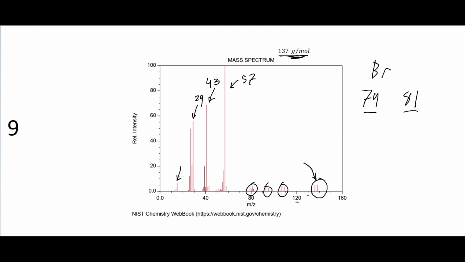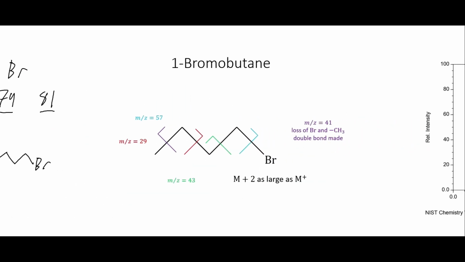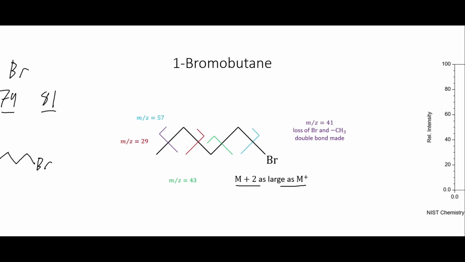And we have the one here at 15, which tells me that this is probably a butane with a bromine bound to it. And in fact, we can see over here that that is what this is. So again, with the bromine, the M plus 2 will be as large as the M plus, and then we get these other alkyl fragments coming off of here.